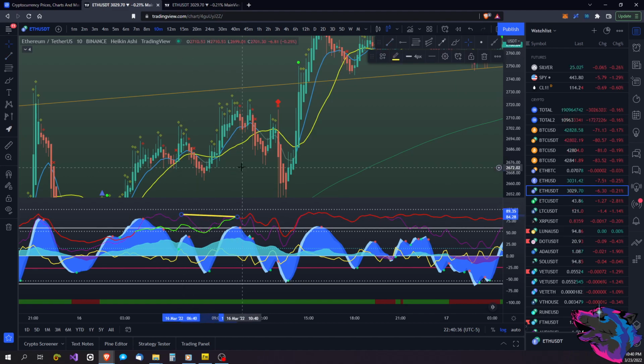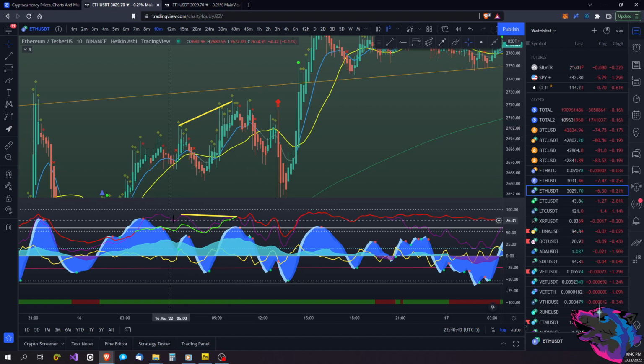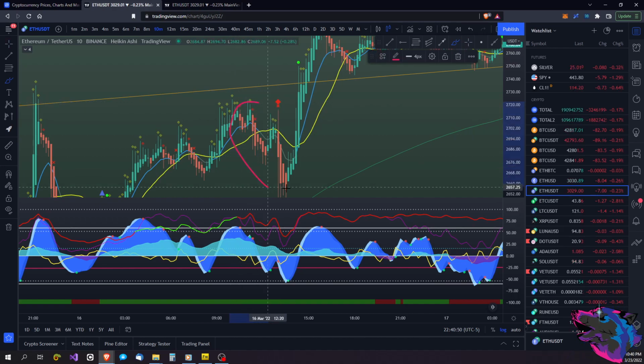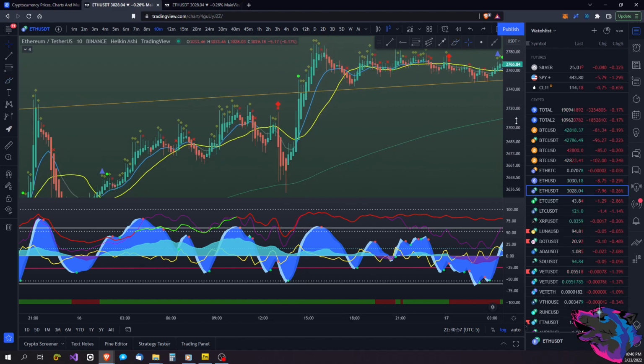There we go. There she is. So lower tops on the RSI, higher highs on the price, and you can see what happened after that. Big old dip.